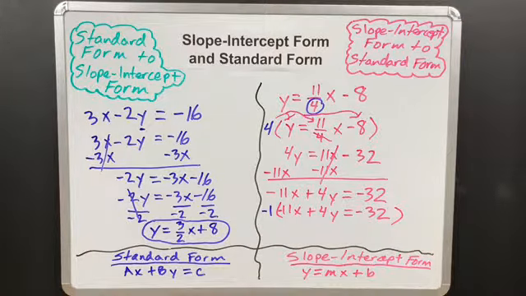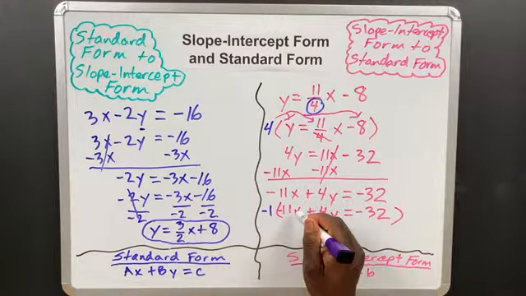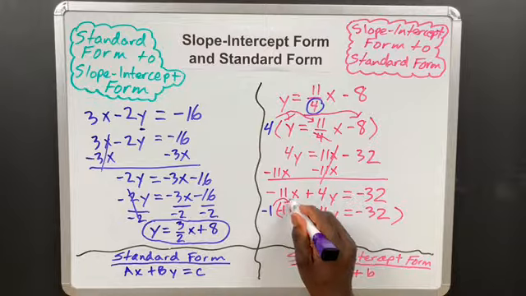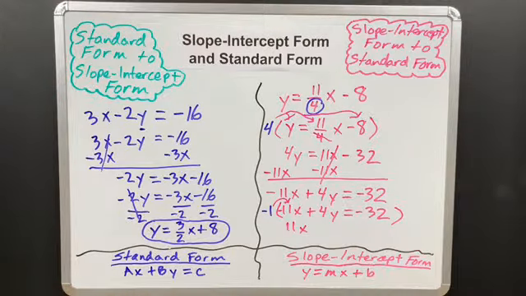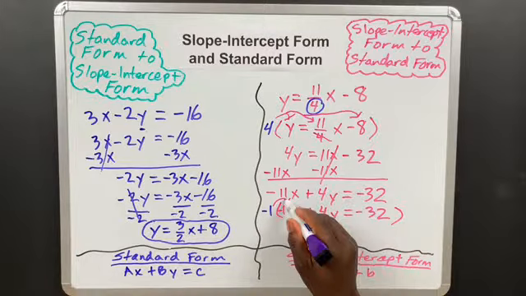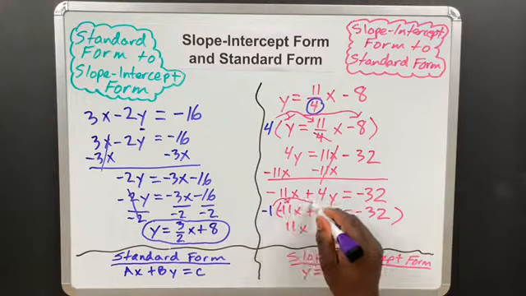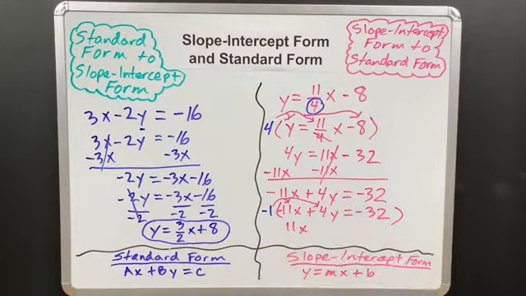Okay? So, -1 times negative 11x, that's going to give us positive 11x. Very good. -1 times 4y.